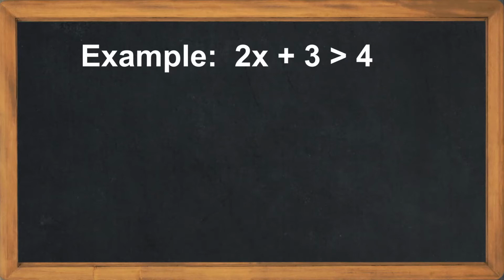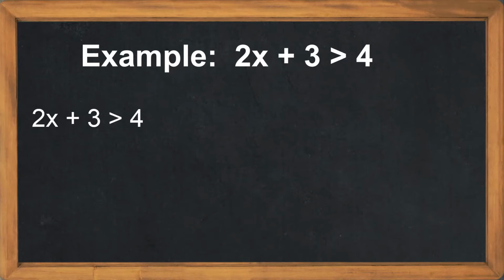Now let us solve this example. As I told you, we are going now to solve this linear inequality. As you can see, we have a variable and numbers. Keep in mind the first step is to take the variables into one side and the numbers into the other side. So I'm going to move the 3 to the right side as if you are solving an equality.